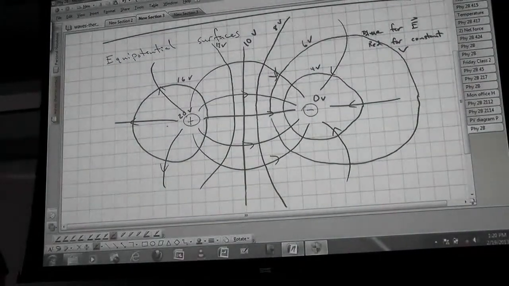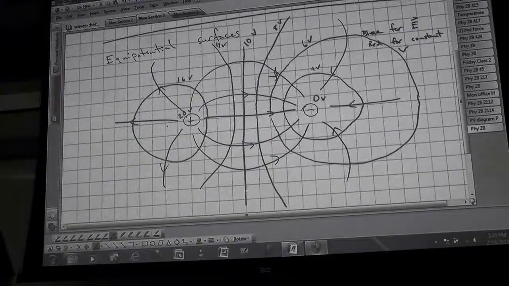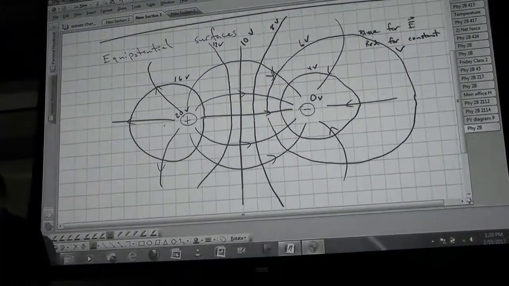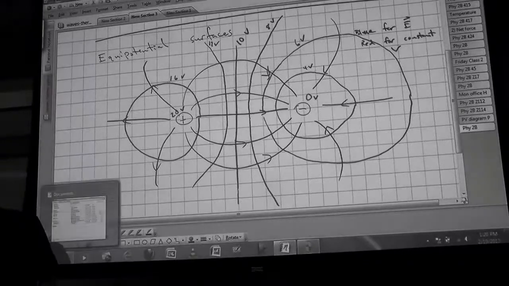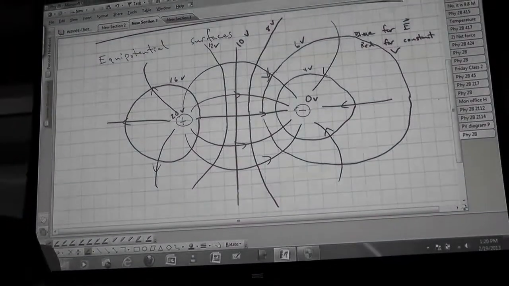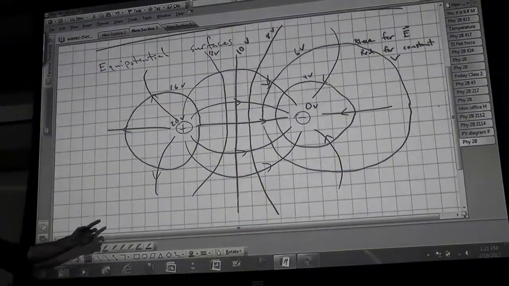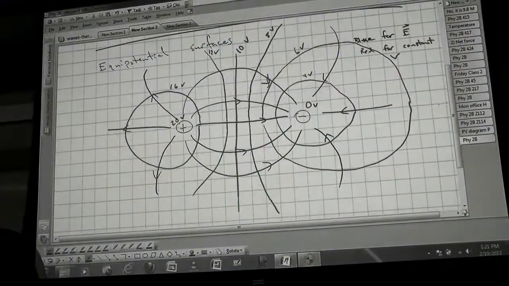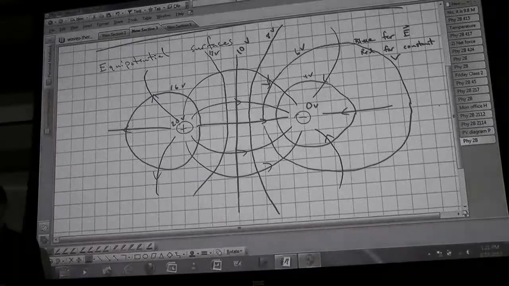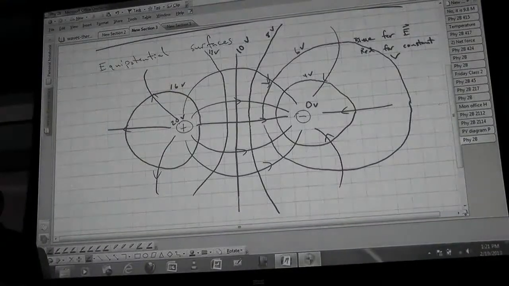So what are the special properties of these equipotential lines? The first thing we know is that it's like a topographical map. You walk around the line on a topographical map. What does it mean?